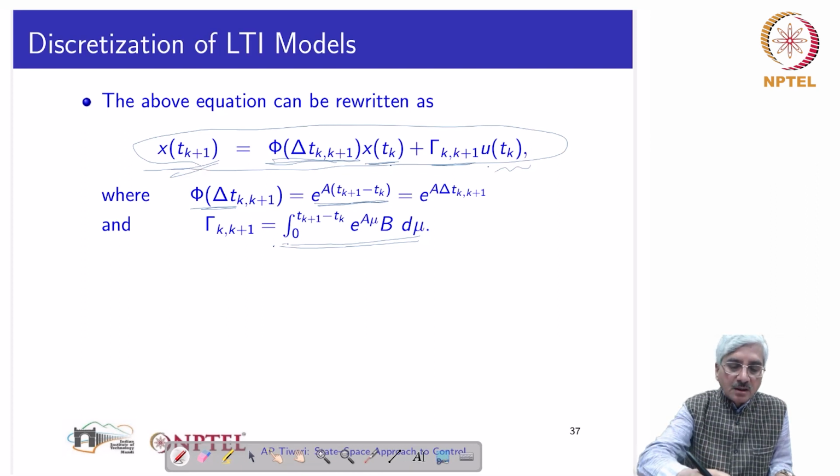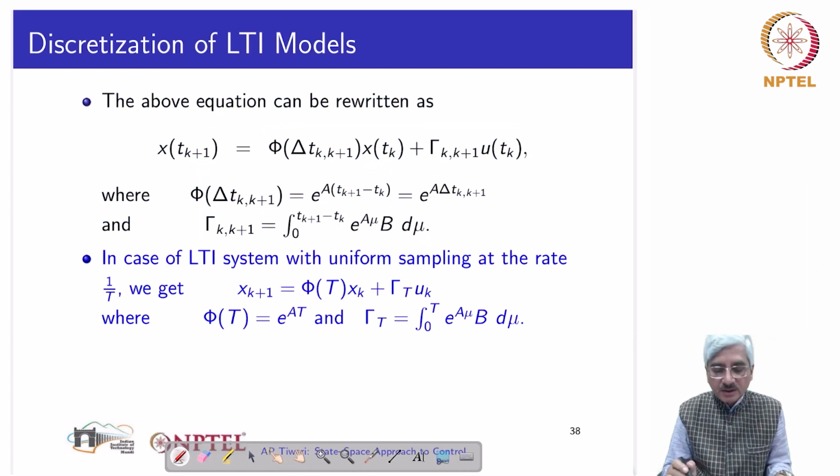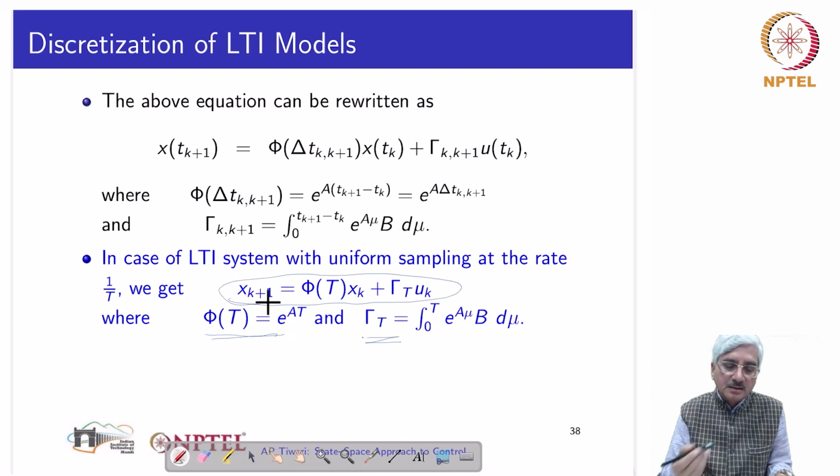The advantage of this formulation is that we can evaluate phi and gamma once, and then repeated application of this equation will give x at t1, x at t2 and so on. Of course, this happens only if the time interval is constant, if the sampling is being done at a uniform rate.